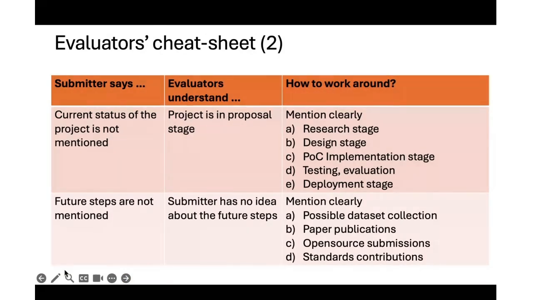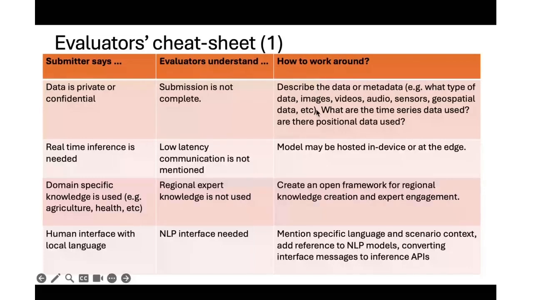And as a submitter, as an author, what can you do to increase the quality, work around these limitations that you potentially see in the project, and go beyond that to win the hackathon.